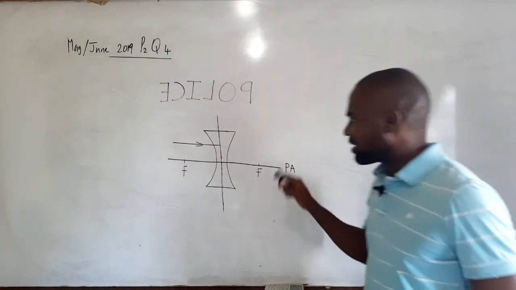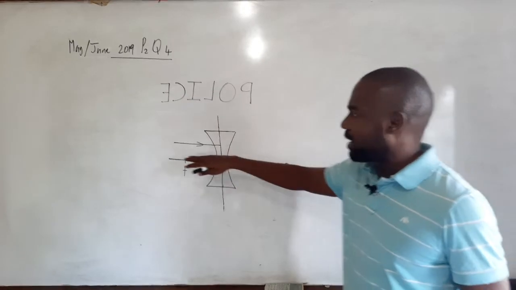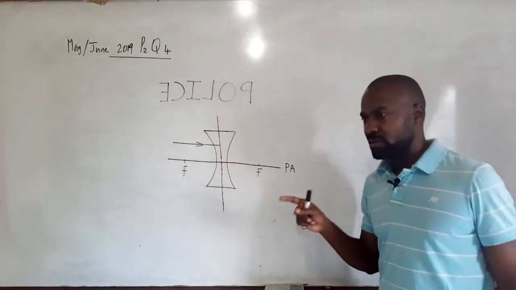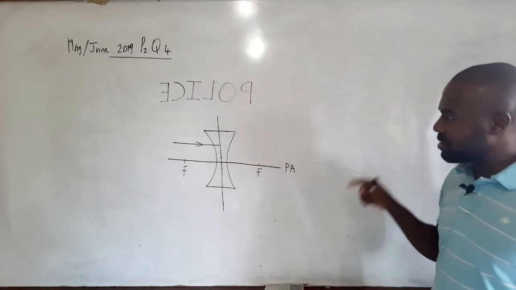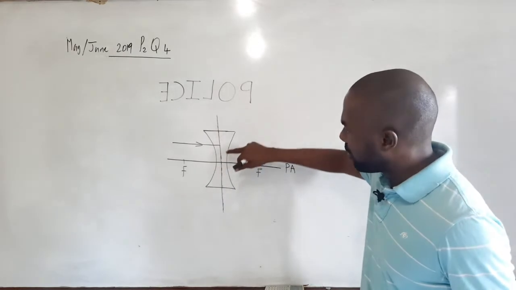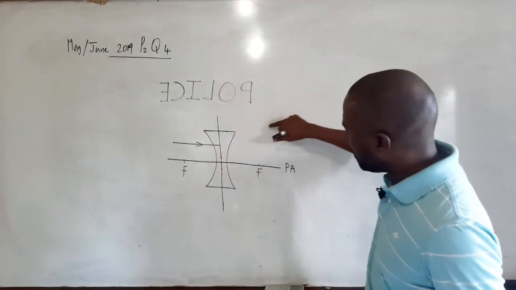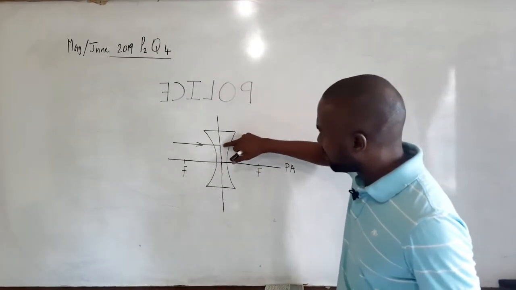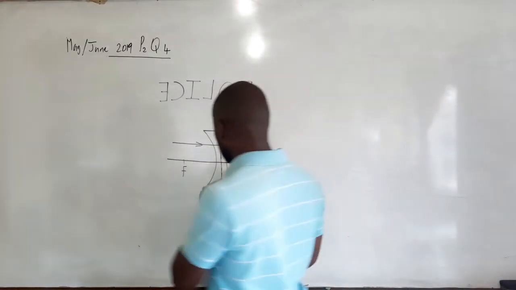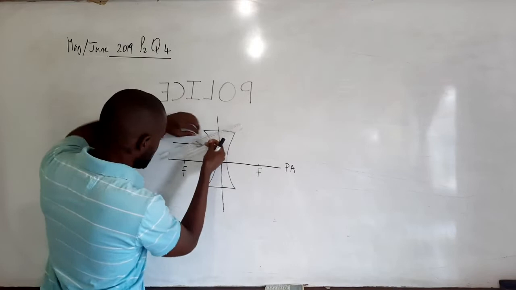Now, because it's a diverging lens and the ray of light is incident parallel to the principal axis, it will be refracted so that it appears to come from the principal focus F. So when we draw our light ray being refracted, we need to angle it back and show that it appears to come from the principal focus F. And of course, we're going to use our ruler to do that.